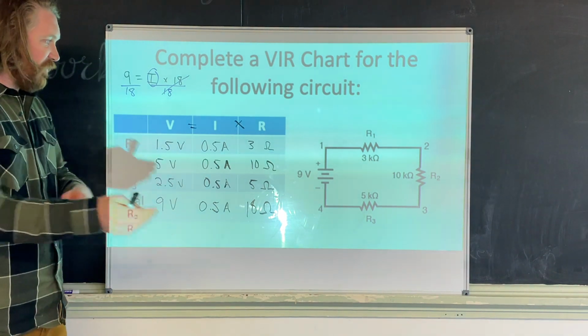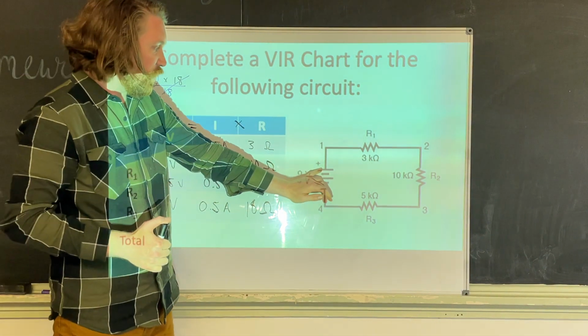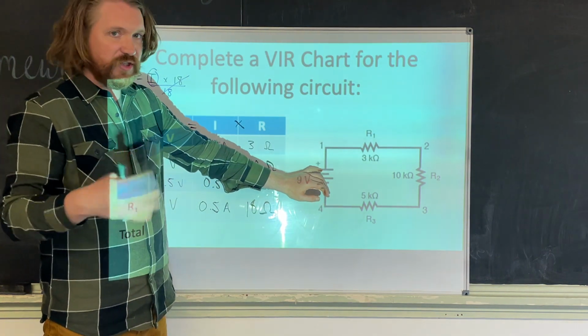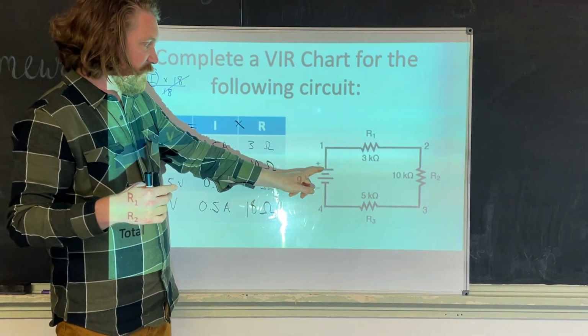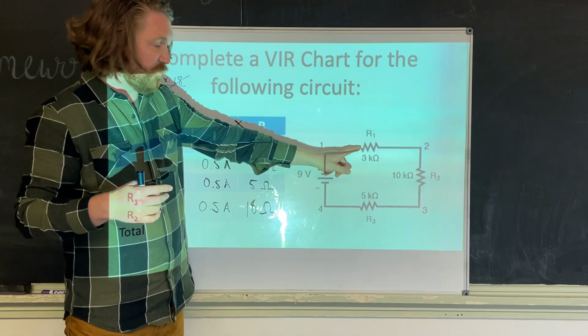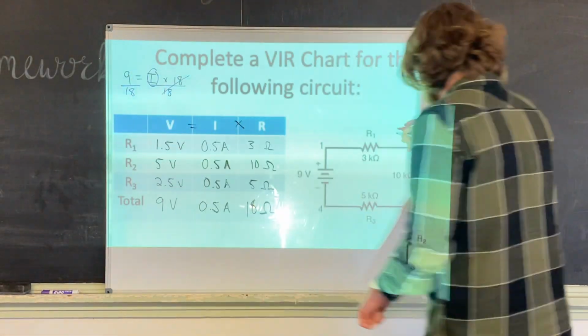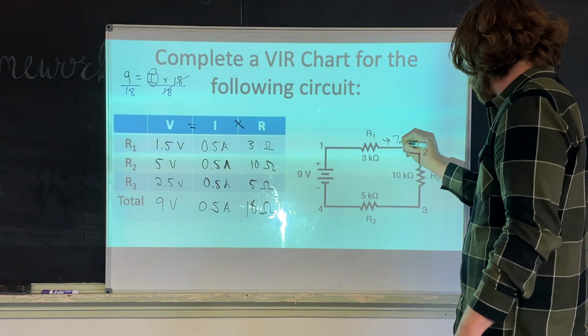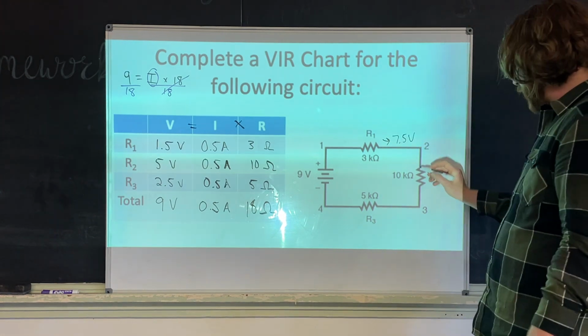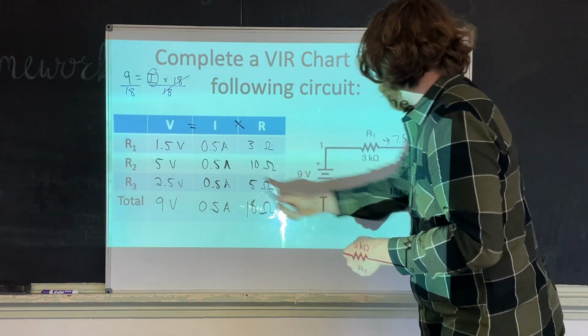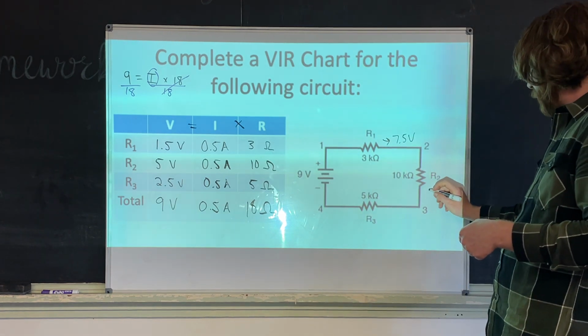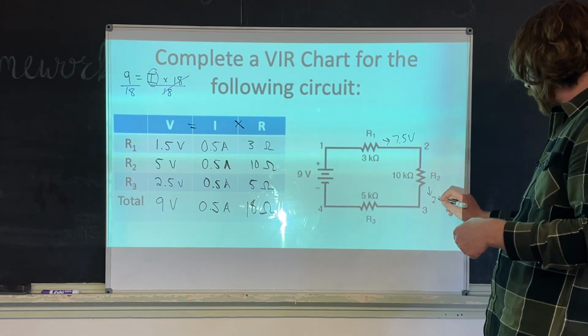So just another way of seeing this, when those electrons come out of the battery, there's 9 volts. That first resistor eats up 1.5 volts. So coming out of this resistor, we now have 7.5 volts. This next resistor eats up 5 more volts. So 7.5 minus 5 is 2.5 volts.